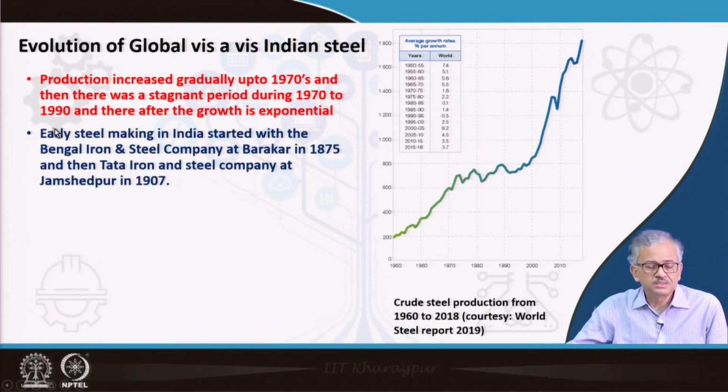If I talk about Indian steel making, early steel making in India started at the Bengal Iron and Steel Company in Barakar in 1875, long back, and then the Tata Iron and Steel Company came around 1907.